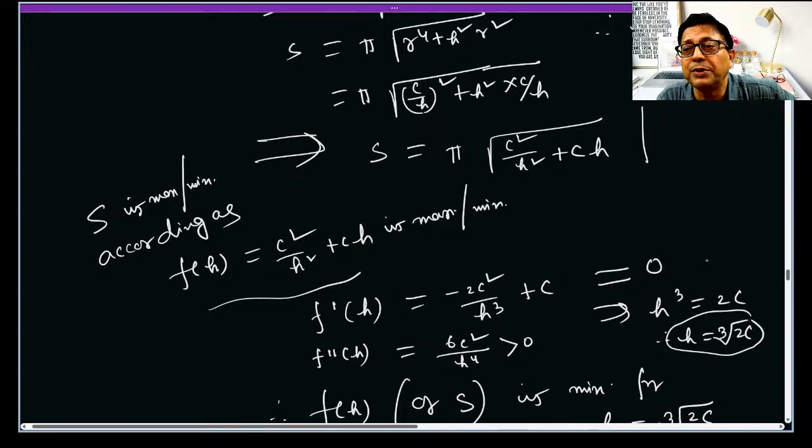You compare H cube, you find H cube here. So we can just, yes, C cube by R to the power 6. So 2C is C cube by R to the power 6.